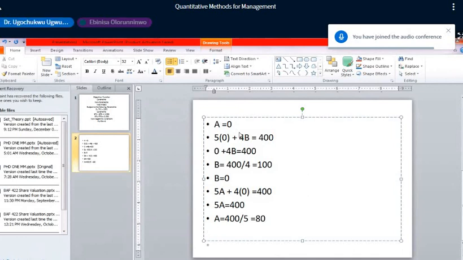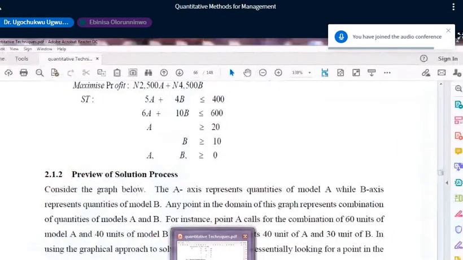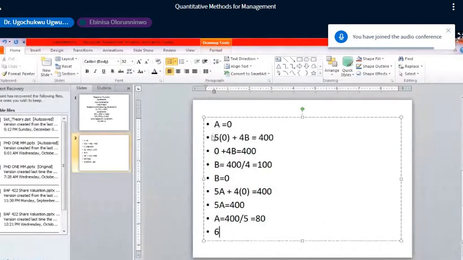And for the second equation, what we have is 6 and 10. We have 6A plus 10B equals 600, right?